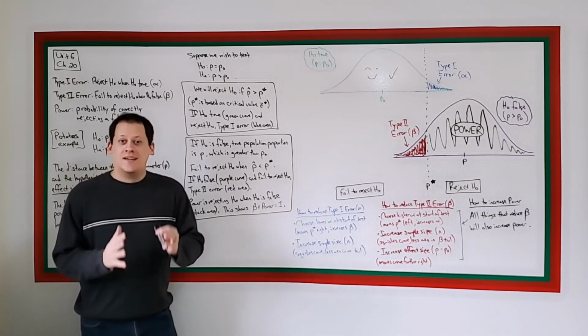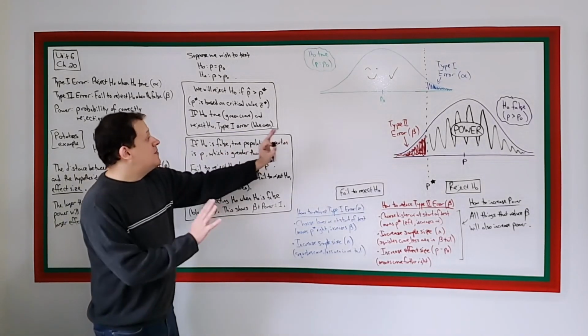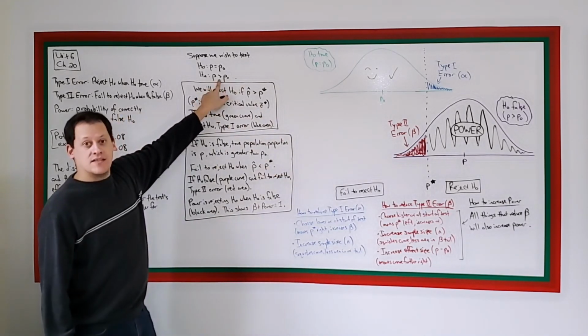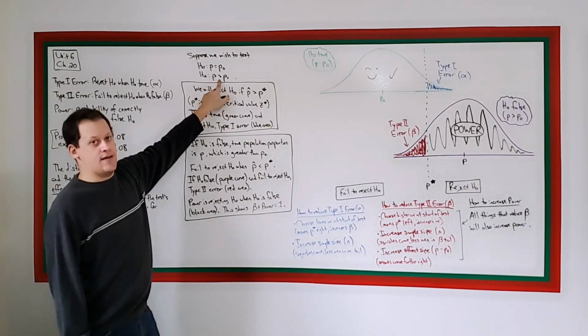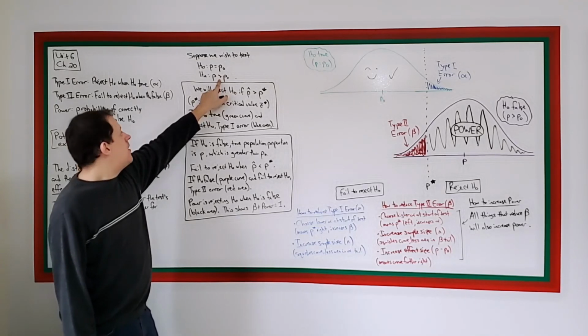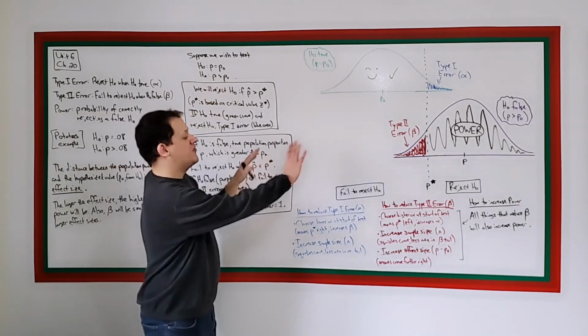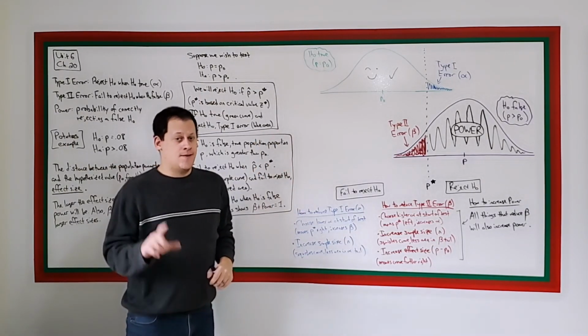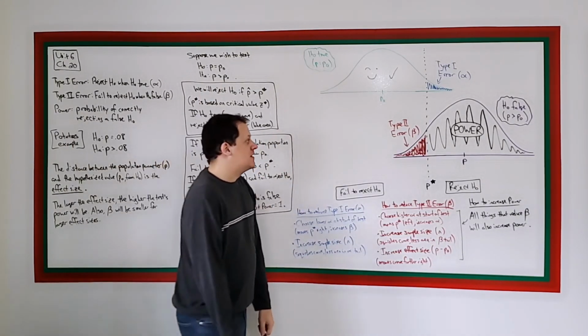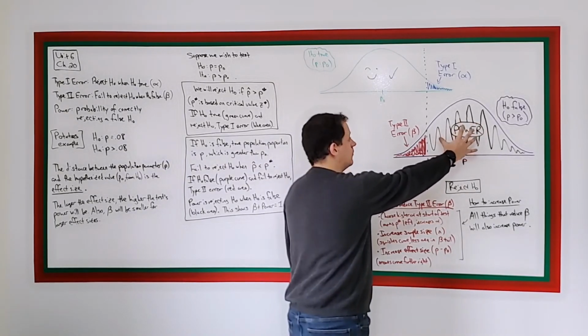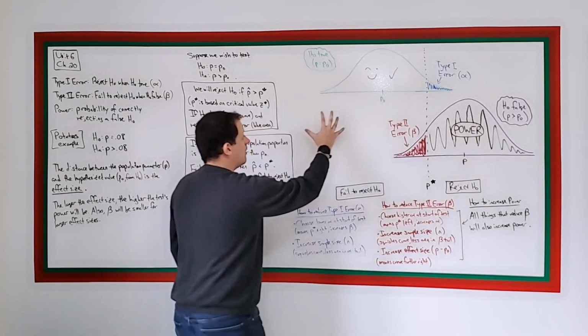So we built this entire example on an alternative hypothesis that P was greater than whatever P naught was. What if this were a less than sign? What about this would change? The only thing that would be different is that instead of being over here, the purple curve, where H0 is false, would be on this side.